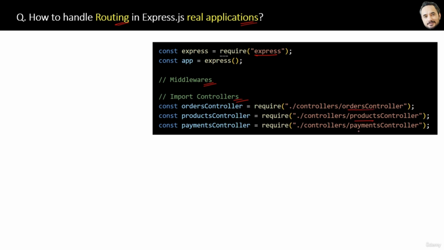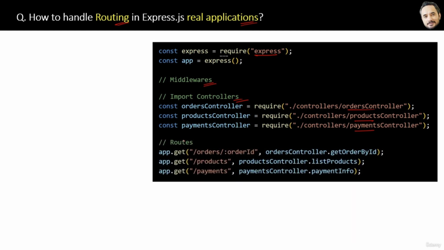Okay, we will use routing to redirect to these controllers based on the incoming request URL and request methods only. So the fourth step is to define the routes like this. Here you can see that based on the URL only, a request will be redirected to this get order by ID function of the order controller.